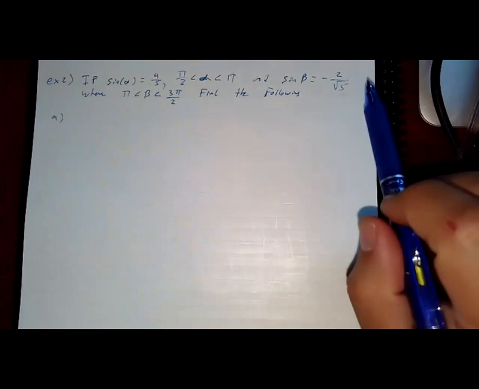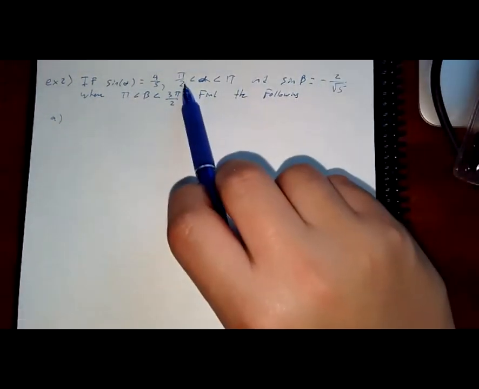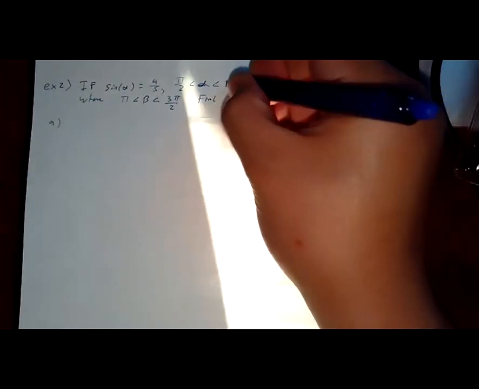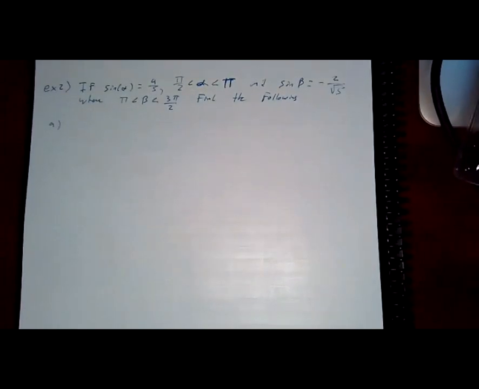So part A, it's kind of bright for me. Is pi over 2 less than alpha, less than pi? Right. Okay.